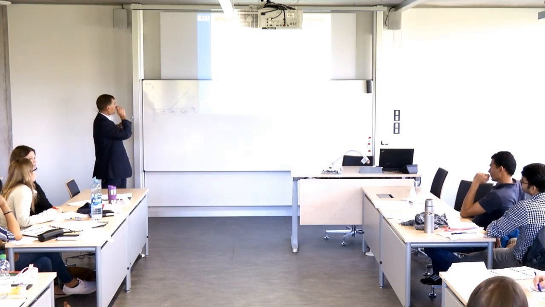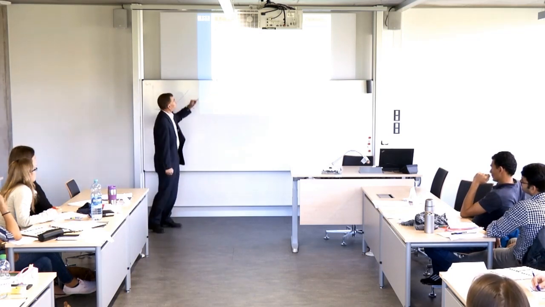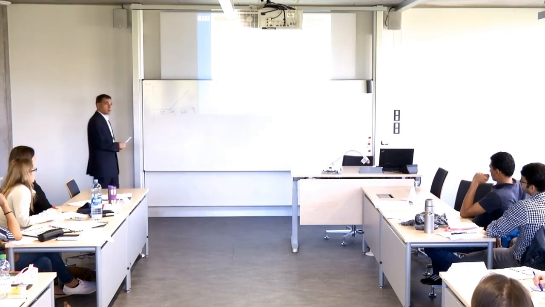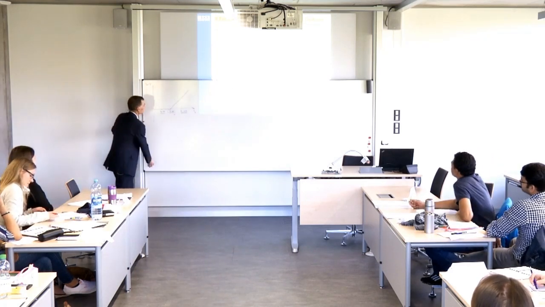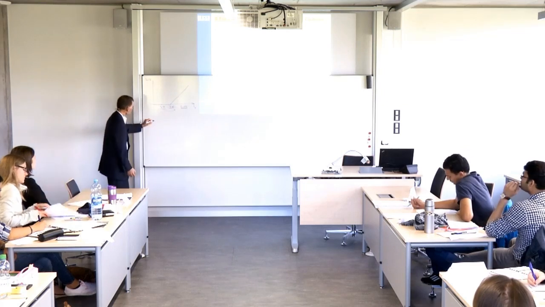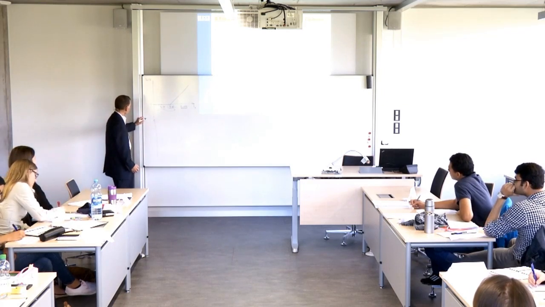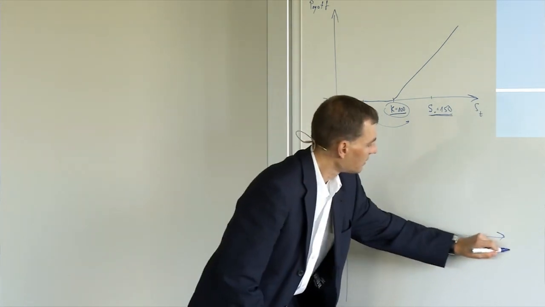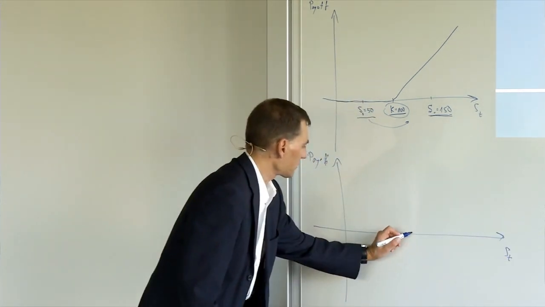Wait a second. Maybe it becomes even clearer when we look at the second variable, the strike price. We can also study what happens with the option price if we plot a payoff diagram in relation to the strike price.